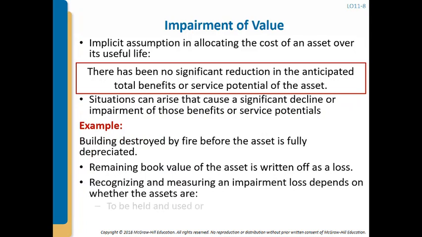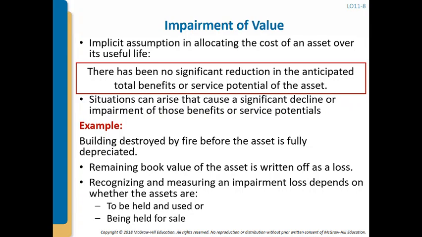All right, impairment of value. So up till now, we've been assuming that the cost of an asset over its useful life indicated that the value of the asset was at least as much as its book value.